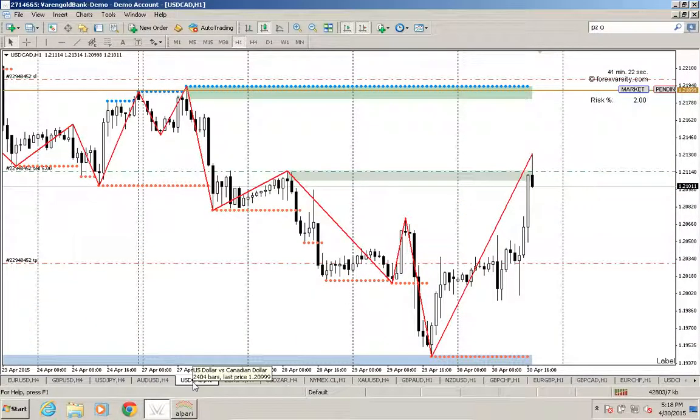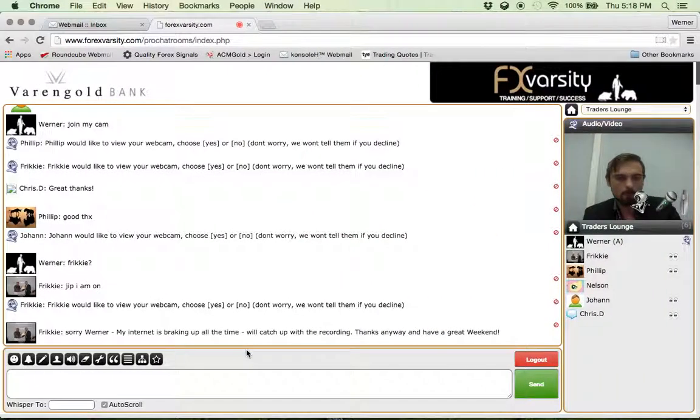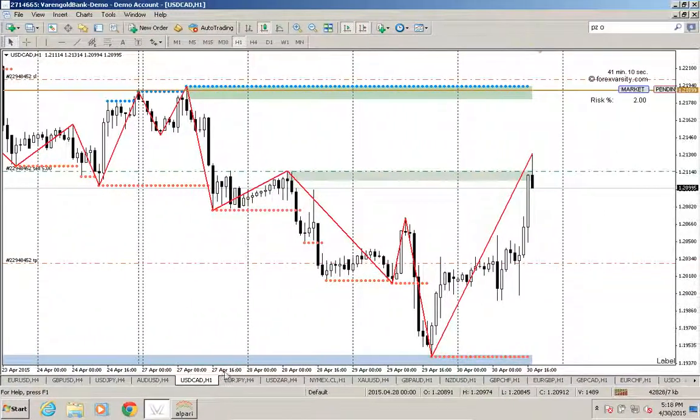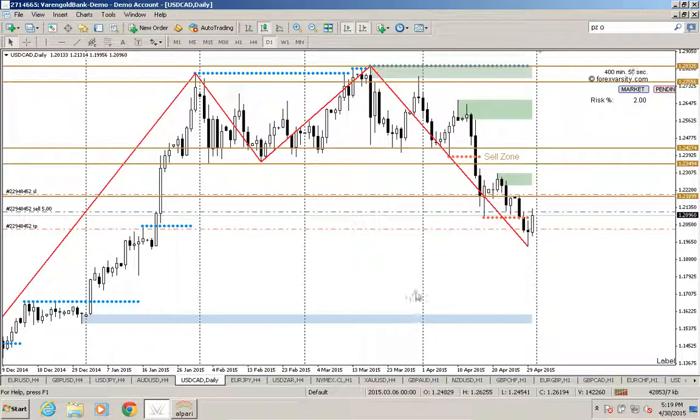Let's move to our US dollar, Canadian dollar. If we look at that chart right now on a daily, we see that we will be looking to use Fibonacci to sell right now.